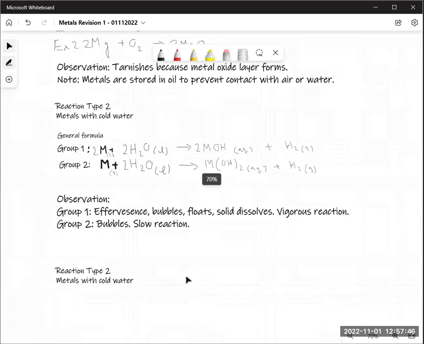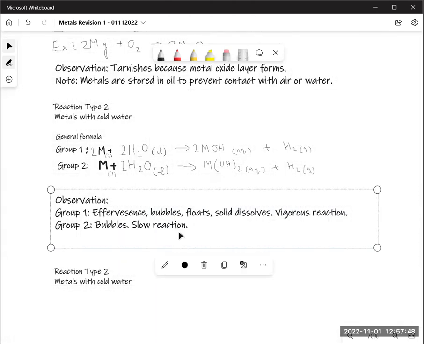Group 2 do not react with cold water. They react slowly. On the other hand, group 1 reacts violently, vigorous reaction, right? Vigorous means fast or violent.